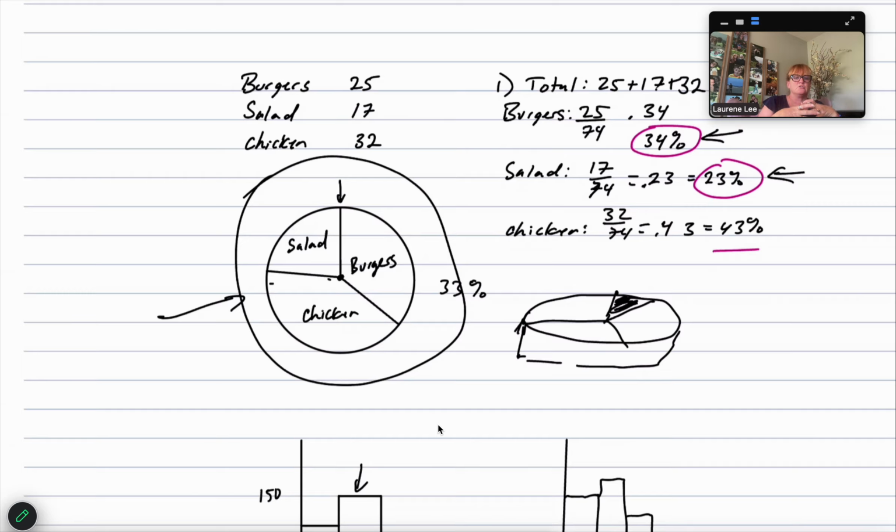It creates an illusion there that you don't want to do when you're accurately displaying data. So there are a couple of examples of misleading graphs, and the goal here is just that when you look at data and you look at charts and graphs, you are aware that somebody may have drawn this in a misleading way, and I want to be aware of what those things are so that I can actually measure data accurately.